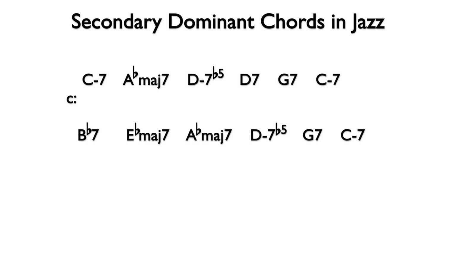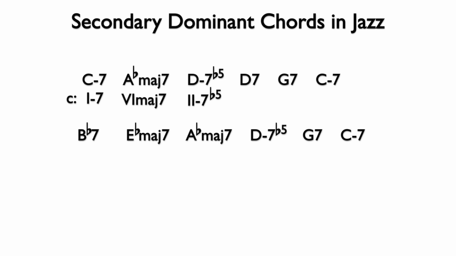The progression begins with a typical 1 minor 7 chord in C minor, followed by 6 major 7 and 2 minor 7 flat 5. Next we have a dominant 7th chord that is not G7, the primary dominant in the key of C minor.